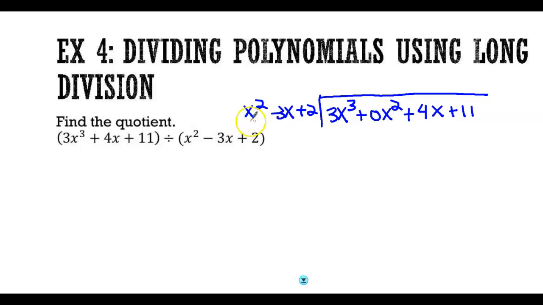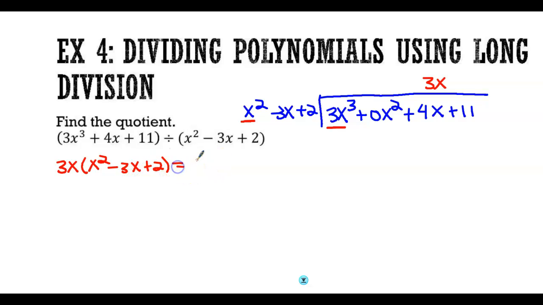Let's look at our first terms. I have x squared and I have x to the third. X squared times what gives me 3x to the third? Well, that's going to be 3x. So let's multiply it out. 3x times x squared minus 3x plus 2.